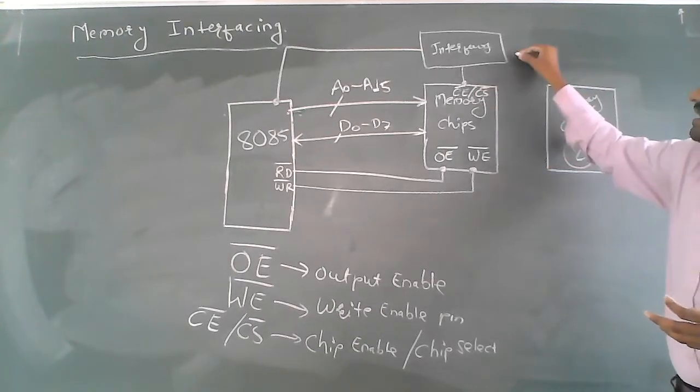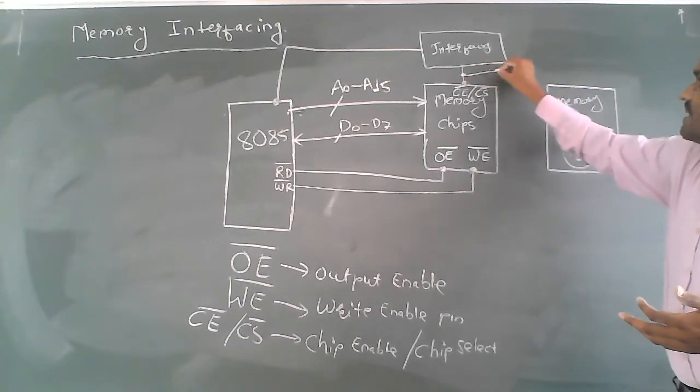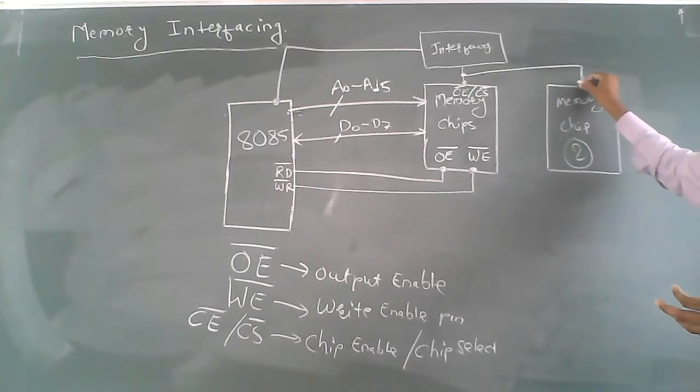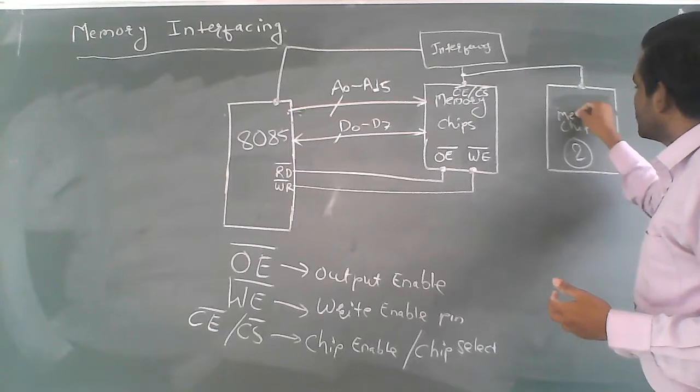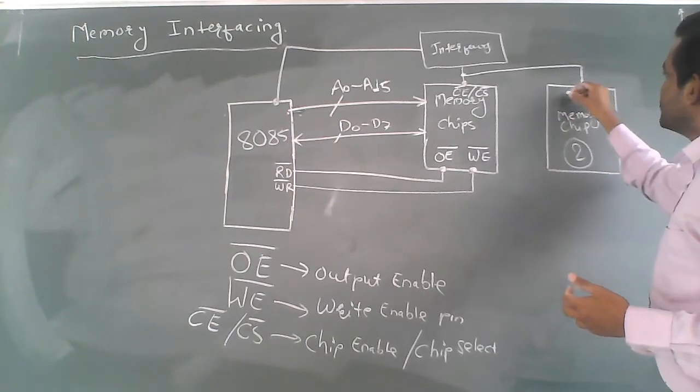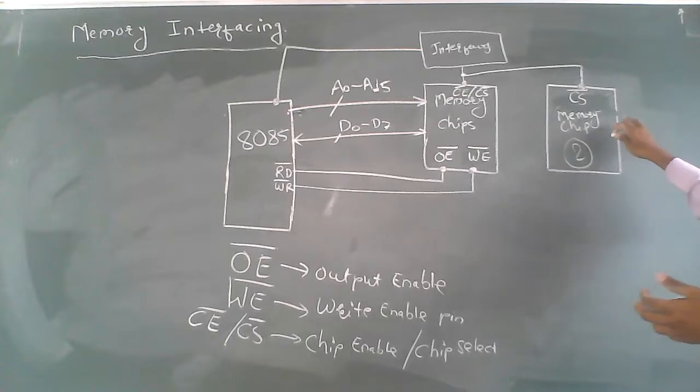So now I want to connect another memory chip. This is my CS bar pin on the memory chip.